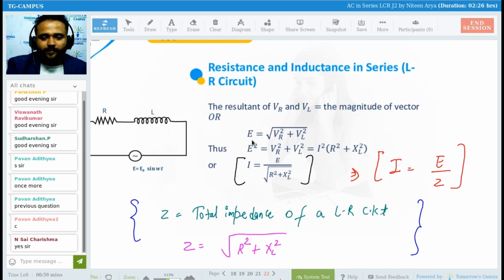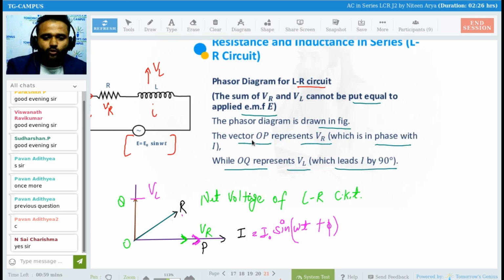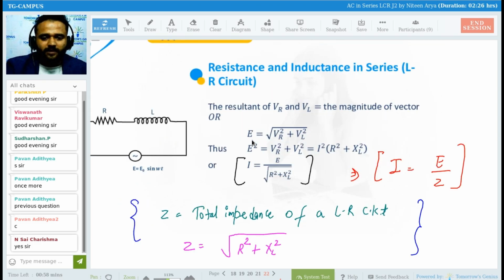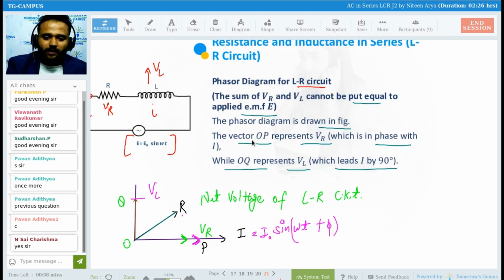Clear? So this is my resultant vector of VR and VL, which is OR. OR is E, the net or total EMF. So it is going to be under root of VR square plus VL square. And from this diagram, you can find it also.